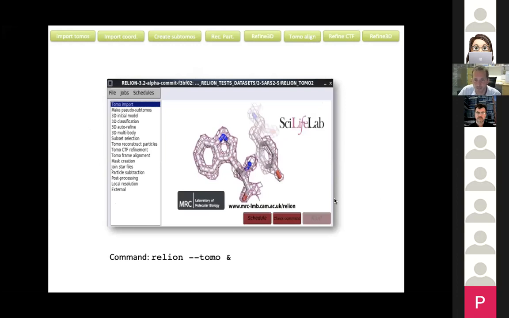So if you have RELION 4.0 loaded in your SBGrid environment, and I understand from Jason this has now been installed, you can do RELION --tomo, and you'll get a GUI that is specific for the tomogram reconstructions. So it has an import function, and you'll still need to do your pre-processing in third-party software.